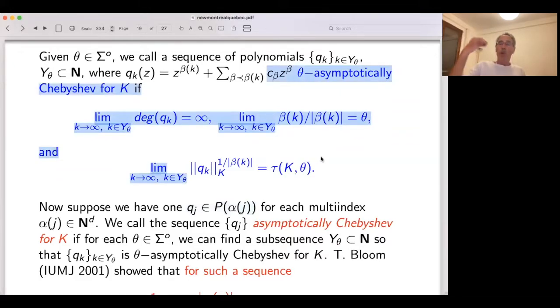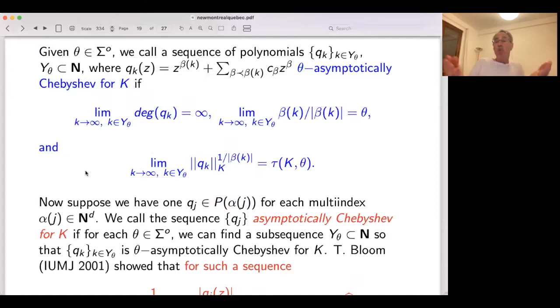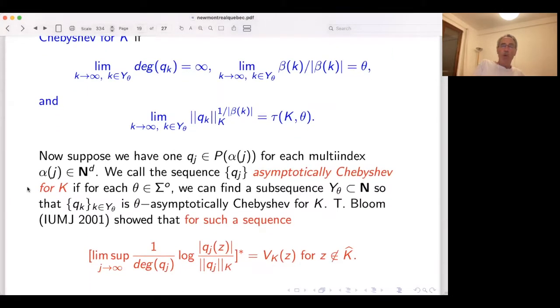So we can recover all the directional Chebyshev constants from subsequences of this full sequence q sub j's. An example would be if I simply took all those Chebyshev polynomials for each of the monomial type classes. So this is an analog or generalization of asymptotically Chebyshev from the one variable case, a complicated one admittedly, but it has similar properties, as Tom Bloom showed about 20 years ago.